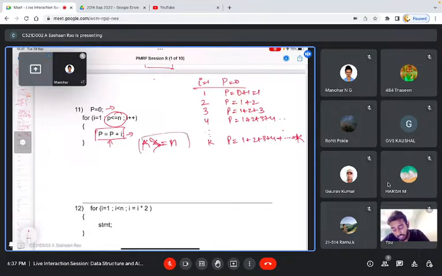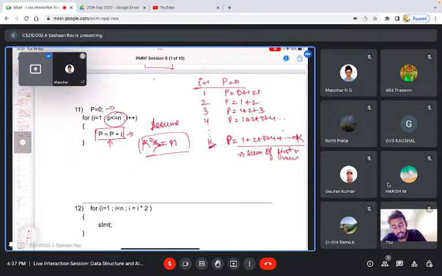If this is satisfied, then we can say that this is the amount of time it is going to run. But if you can see, the value of p that is coming is the sum of first k numbers. So this is the assumption we have made, that when i value is at some k, we don't know what the k is. When we find that thing, this loop has to stop.